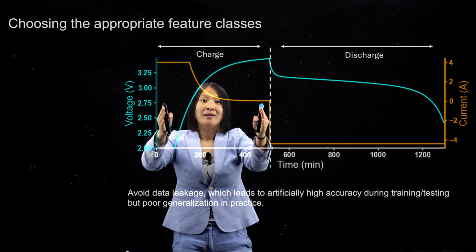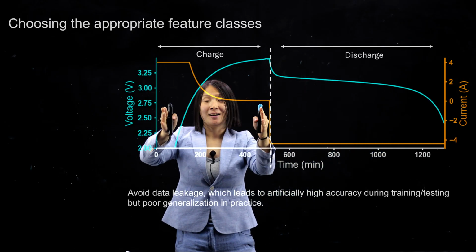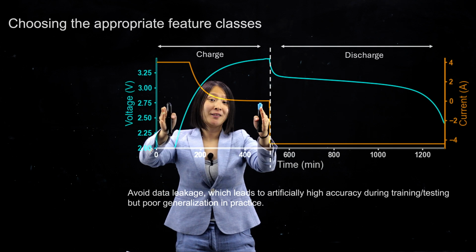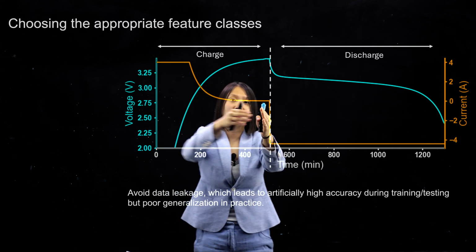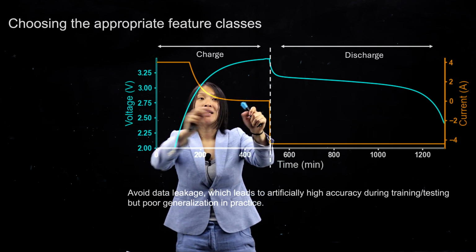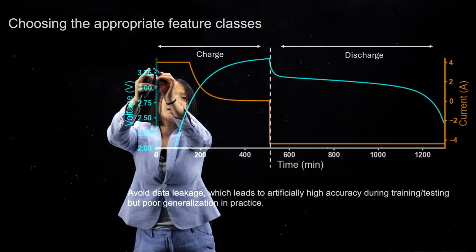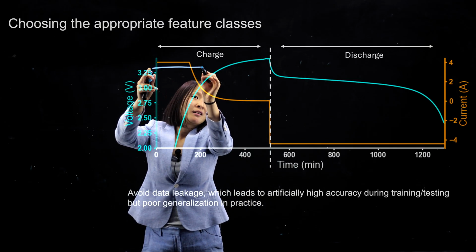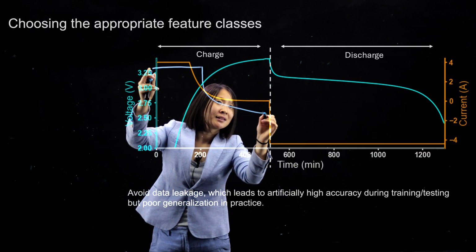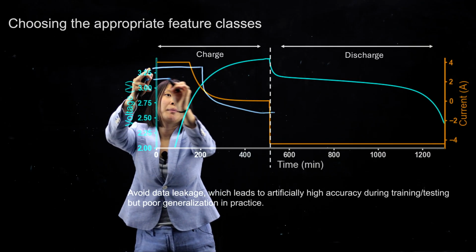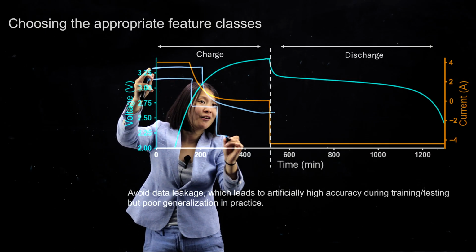But they have a diverse set of battery lifetimes because they've been charged differently. So if we are talking about another set of batteries, they'll be charged, say, in a slightly different way, and some of them may be charged in a very different way.